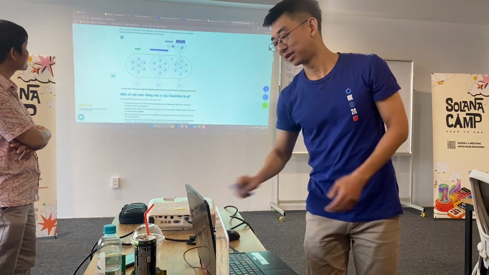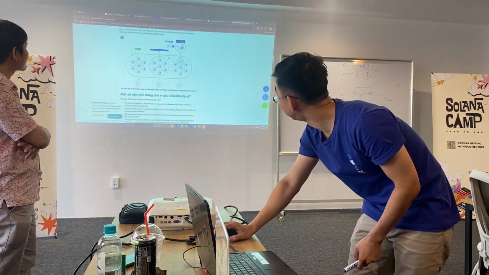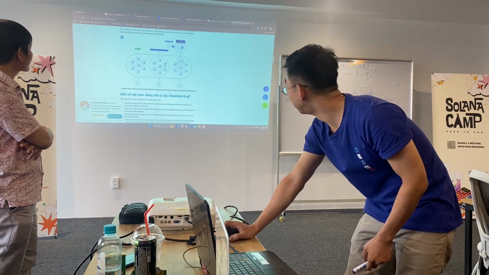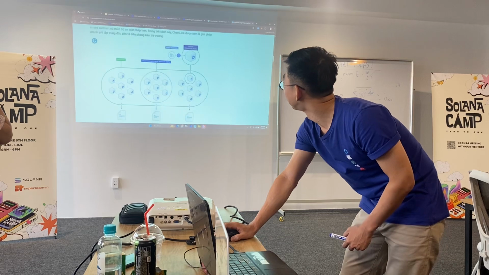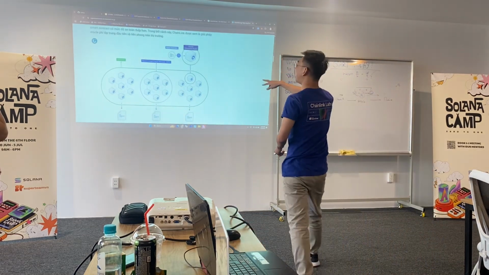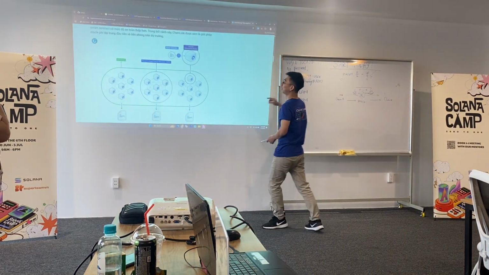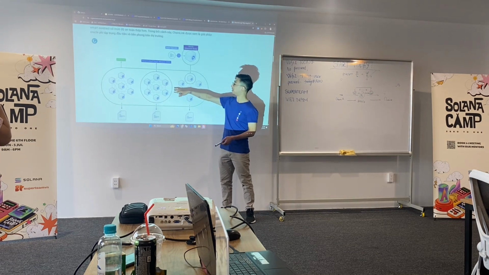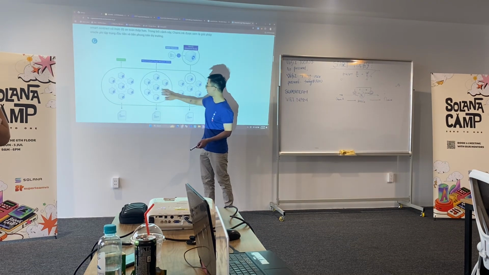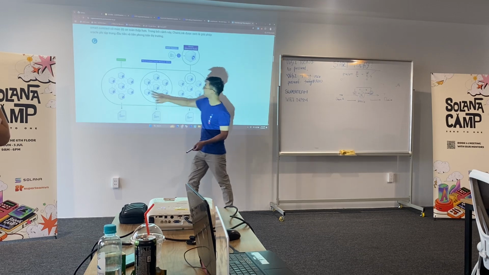First things first, I don't know how to zoom this in. Okay, this is an example of how the Chainlink decentralized oracle network works. It used to be only this, now they build this and this as well.